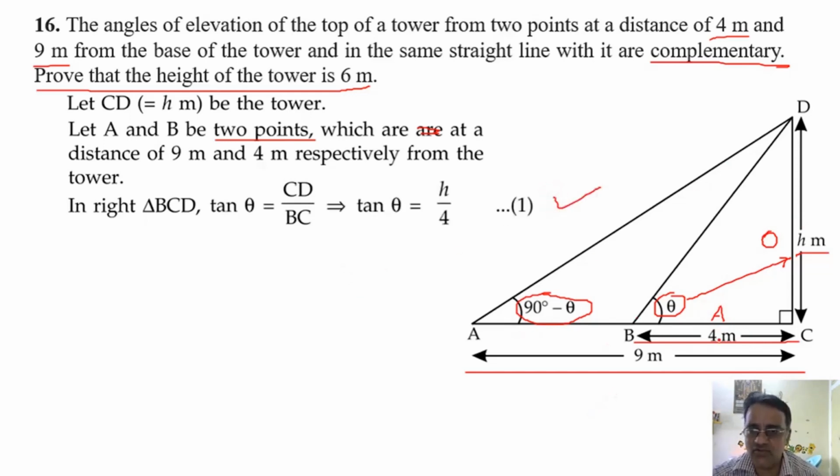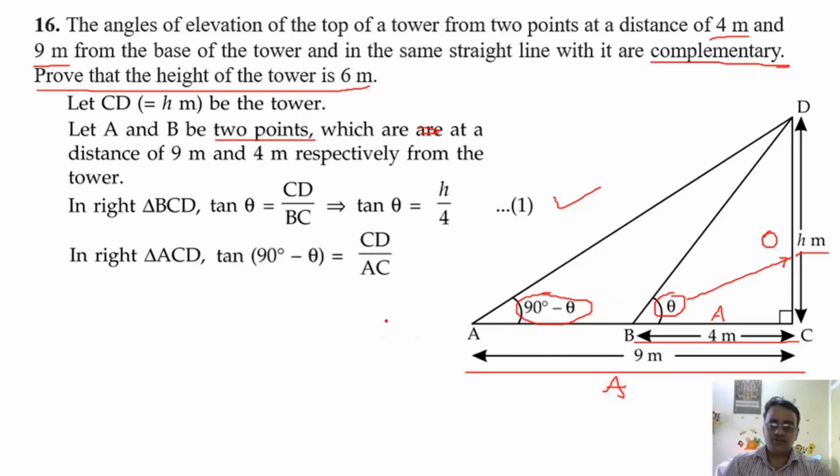Okay, now in this triangle ACD, I am going to take cot 90 minus theta. Cot 90 minus theta के लिए ये adjacent होगा और ये opposite, right? So cot 90 minus theta लेने का क्या फायदा बताऊंगा मैं इसके बाद. पहले tan देख लेते हैं. Tan 90 minus theta is equals to CD upon AC. So it will be cot theta is equals to h upon 9.